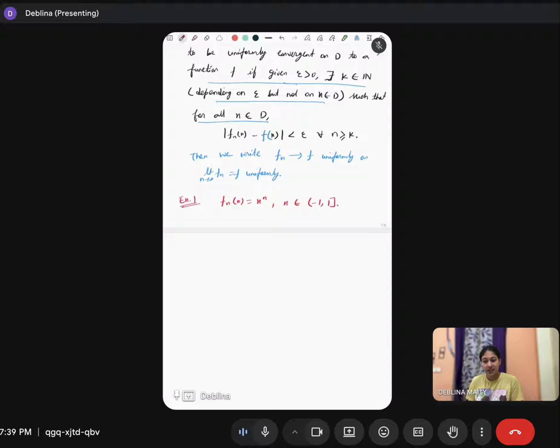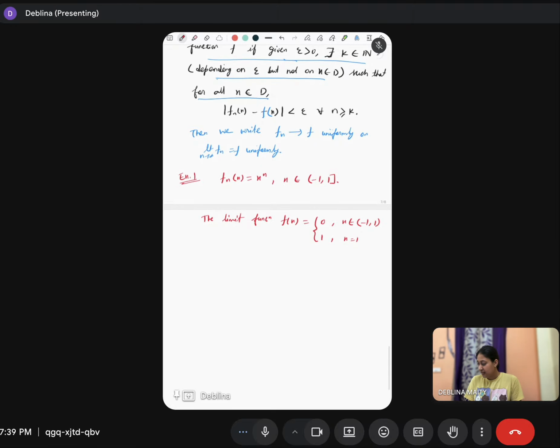Then we have seen that the limit function f is f(x) equal to 0 when x belongs to (-1, 1), and when x equals 1 it is 1.